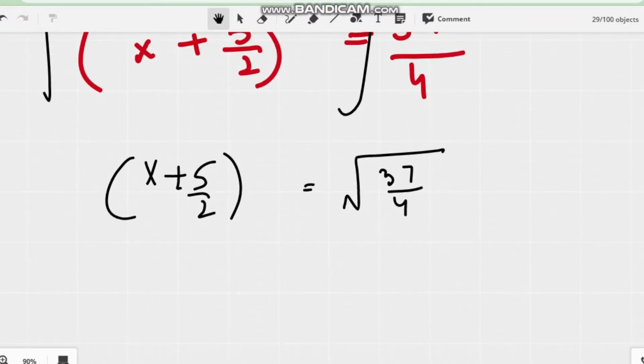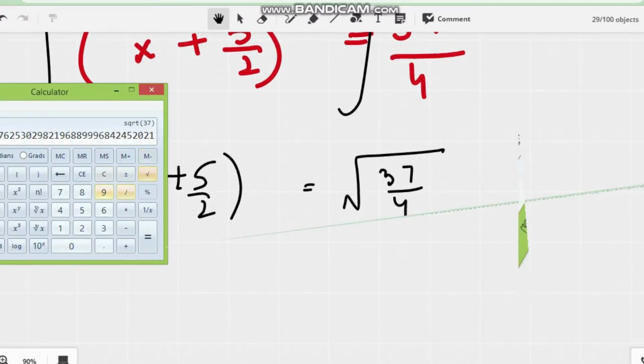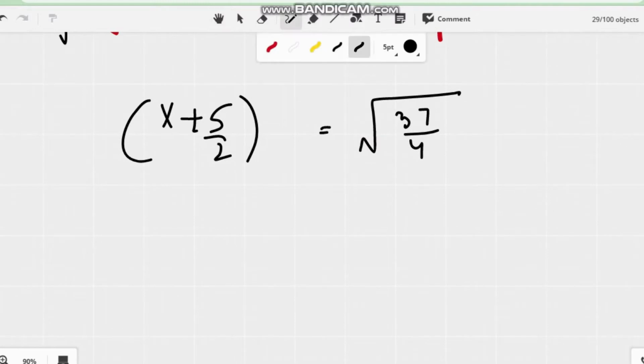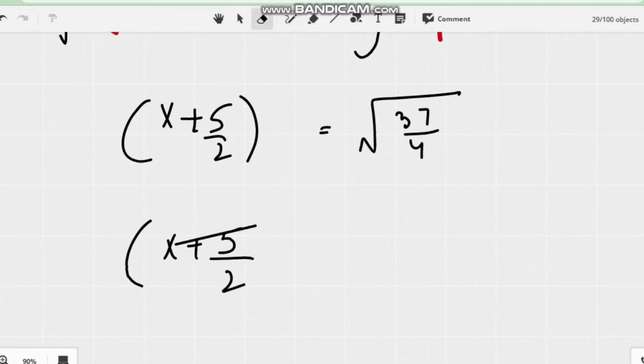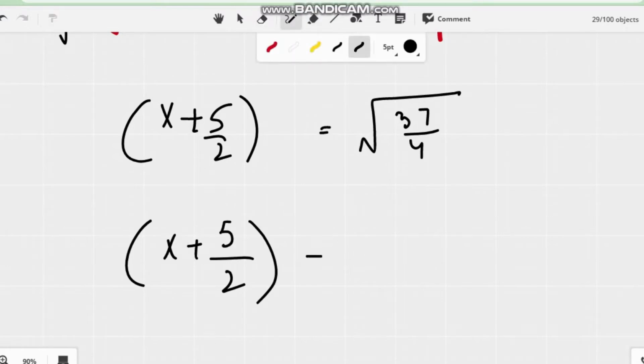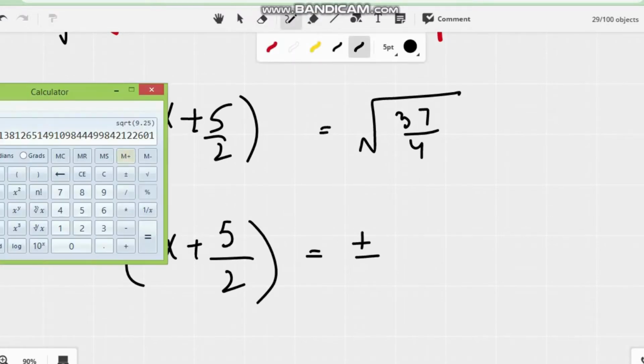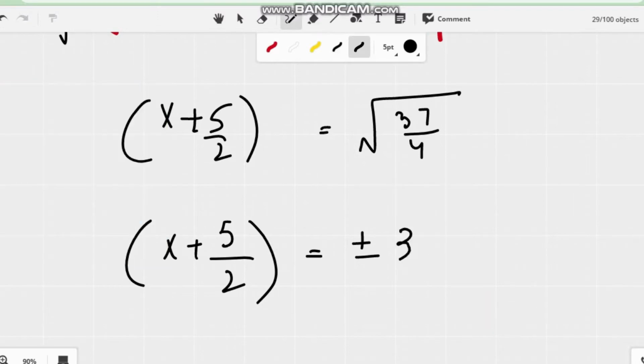Let's do it on the calculator. 37 divided by 4 we do directly. What I got, 9.25, with square root 3.04. x plus 5 divided by 2 equals plus minus 3.04.